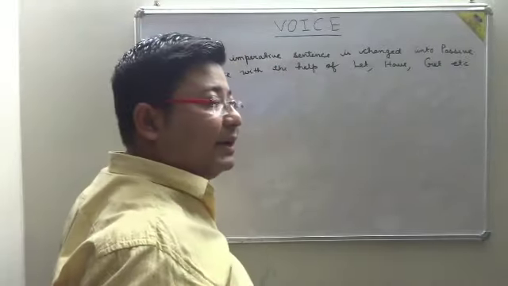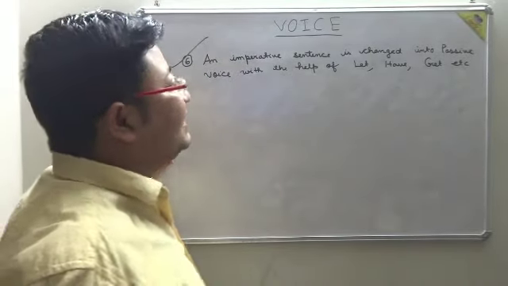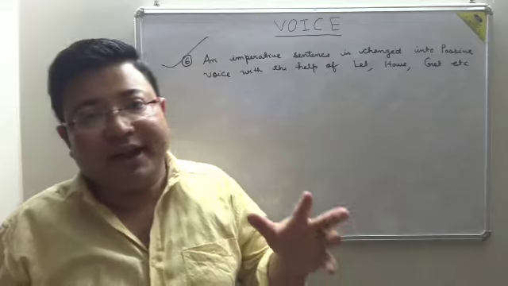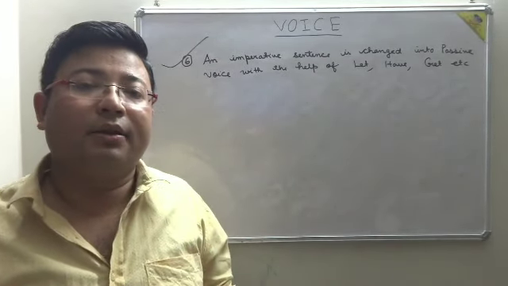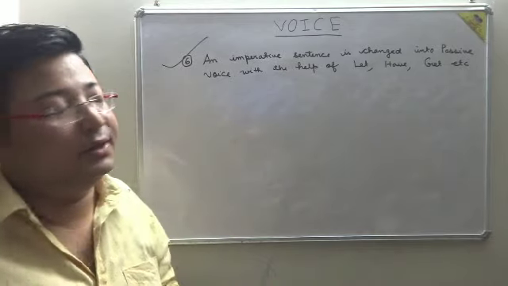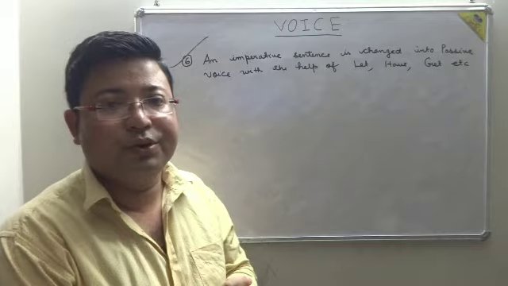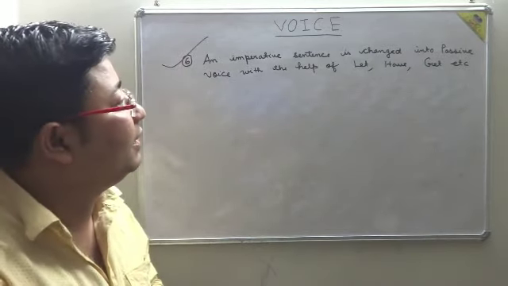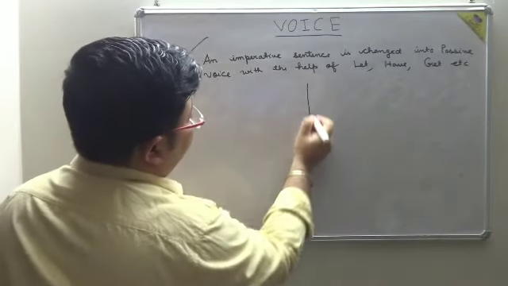Sixth rule for converting active voice into passive voice. An imperative sentence is changed into passive voice with the help of have, get, let, etc. Now I will give you some examples using let, have and get. Now first example I will tell you.